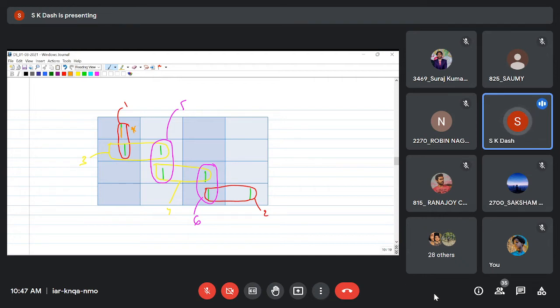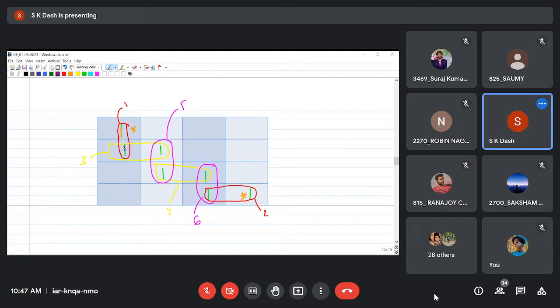Similarly, pair number 2, the red color below one. Is it essential? Yes. Why? Because of this one. See that star mark? This one can be covered using this pair only. Other pairs, is it essential? No, sir. Neither the yellow color nor the pink color. Those ones can be covered in multiple ways.